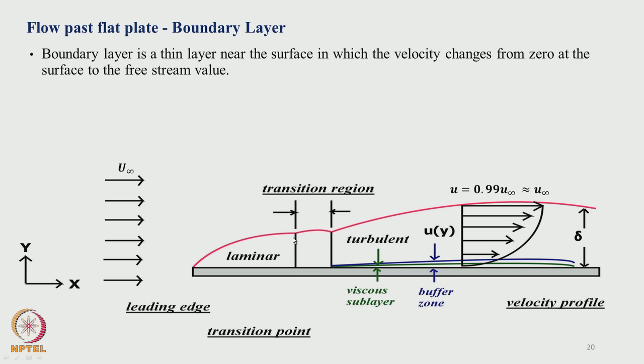Initially it is laminar, then there is a transition, then it is turbulent, and later we will see the definition of boundary layer thickness. Whenever the velocity reaches 99% of the free stream velocity, you call that the boundary layer thickness. And the turbulent boundary layer again has subclassification: viscous sublayer, buffer layer and so on. So, this forms another test case.